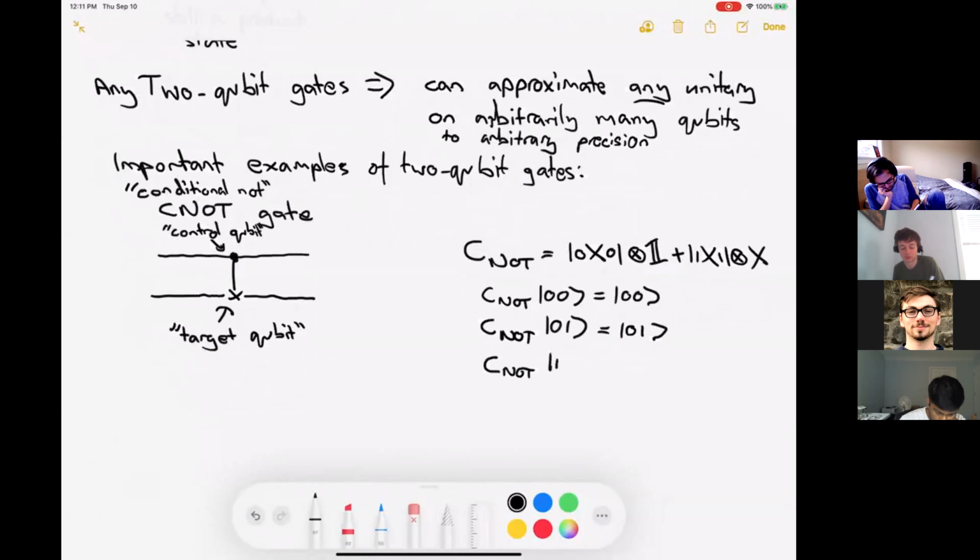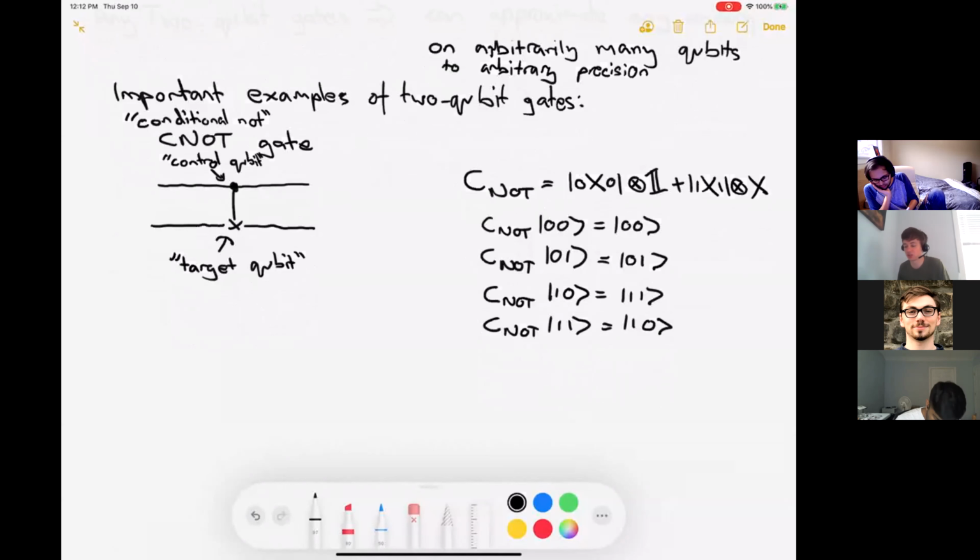CNOT of 1, 0: the control qubit is in state 1, so that means we apply a NOT gate, an X gate to the target qubit. So this gives 1, 1. Similarly, CNOT of 1, 1 gives 1, 0.